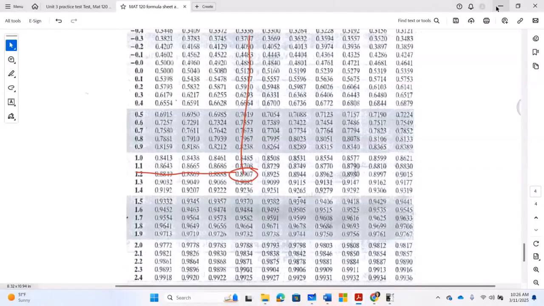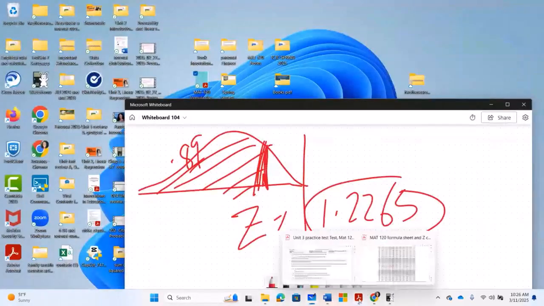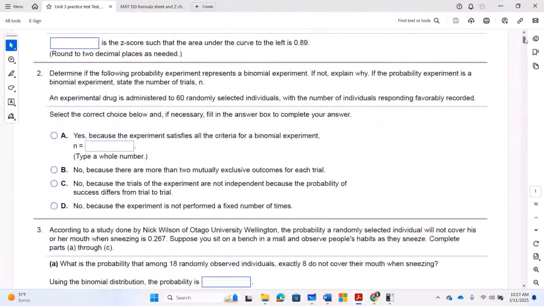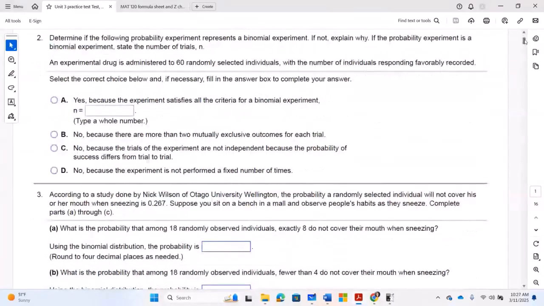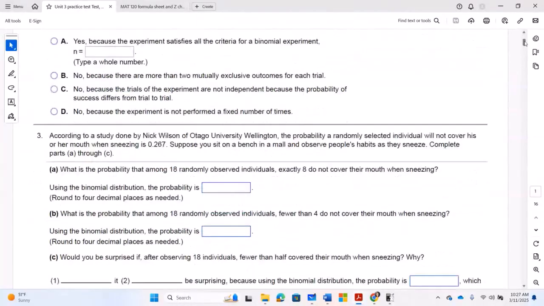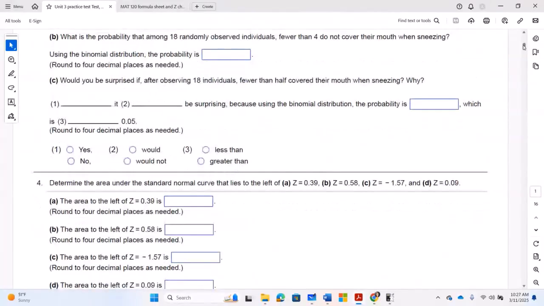Okay, so this is our practice test 3. In this unit 3, we will have questions on discrete probability distribution, binomial distribution, and normal distribution.